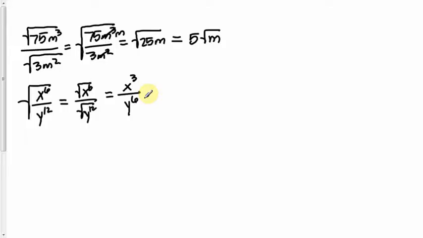What if one of them was a perfect square? But those were both perfect squares. I was able to square root them. So let's do one that's a little more complex but very similar to that. The square root of 16y, all under a radical with 25x to the 4th in the denominator.